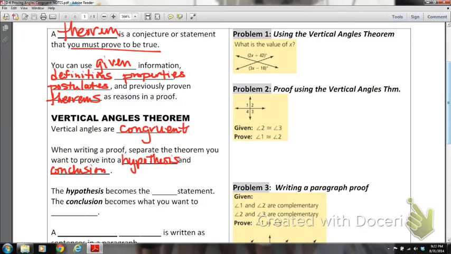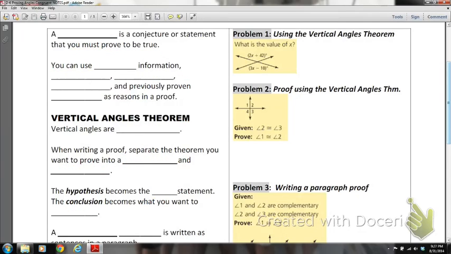The hypothesis becomes the given statement for the theorem, and the conclusion becomes what you want to prove. So let's look at a couple of examples just using the vertical angles theorem in problem 1 and 2.